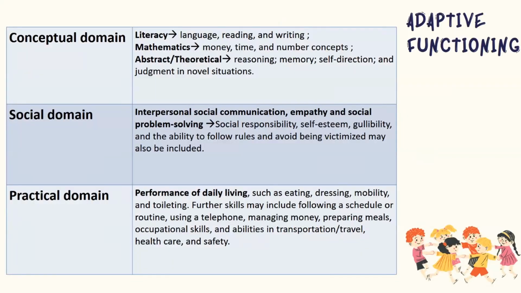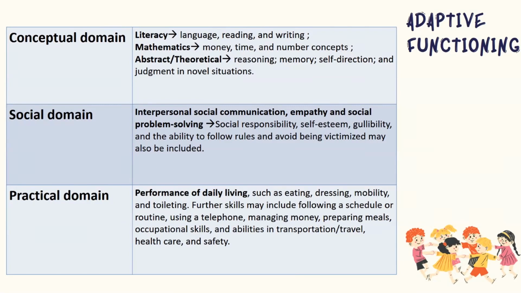All right. So adaptive functioning, as I mentioned just now, we divide into 3: conceptual, social, and practical. And it's also a required component of the diagnosis of ID. In conceptual, we have 3: literacy, mathematics, and abstract or theoretical. So we have to see how well he's able to speak, read, or write, do mathematical problems, and judge based on the situation.